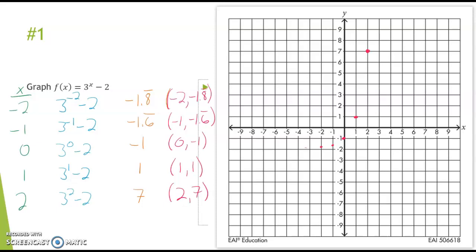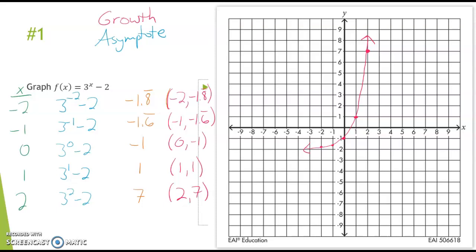All right, so I'm going to connect all of my points here. Notice that I'm still going up, so from left to right, I'm going up, so this is a growth function. And then I want to look at where my asymptote is. So where is my graph approaching?